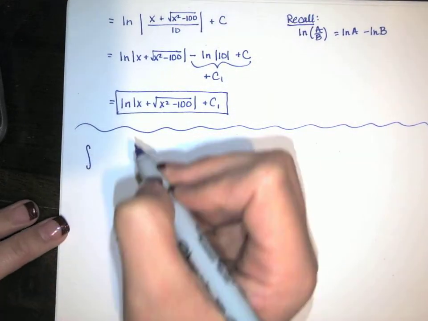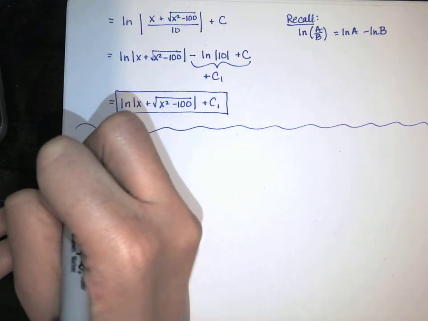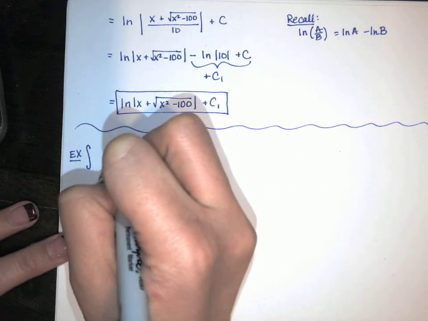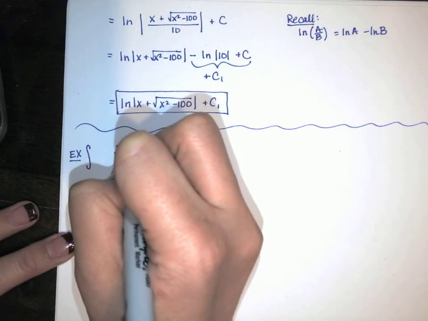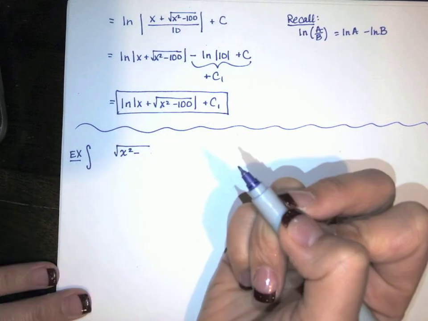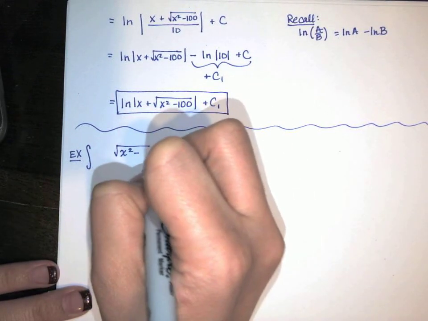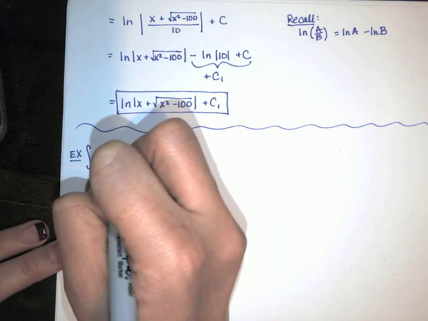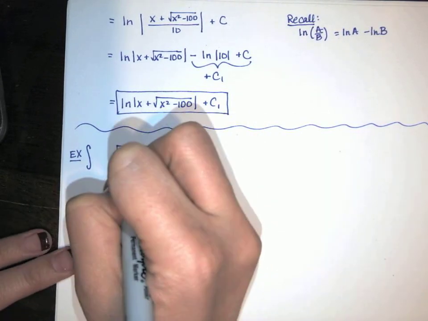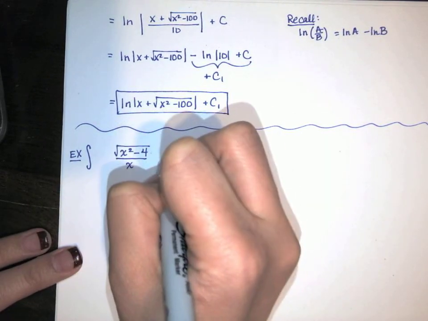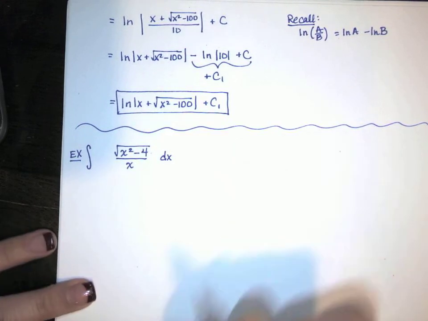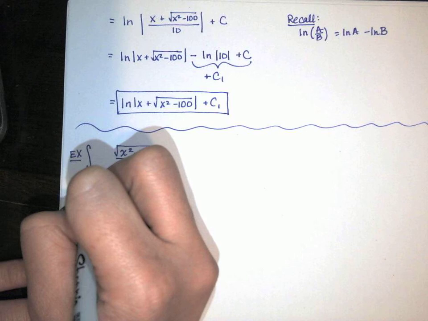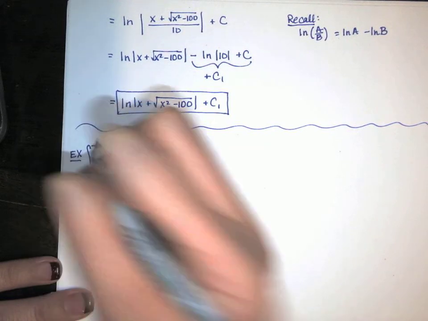Let's say I want the integral of the square root of x squared minus 4 over x, and I want to integrate from -5 to -2.